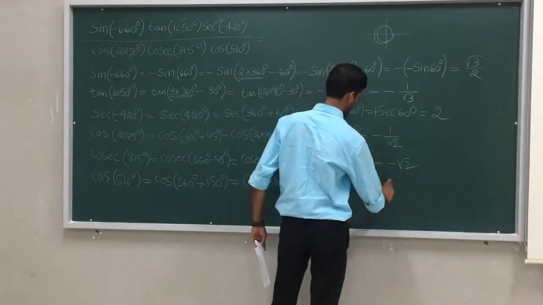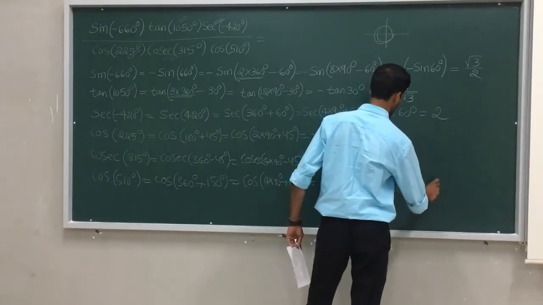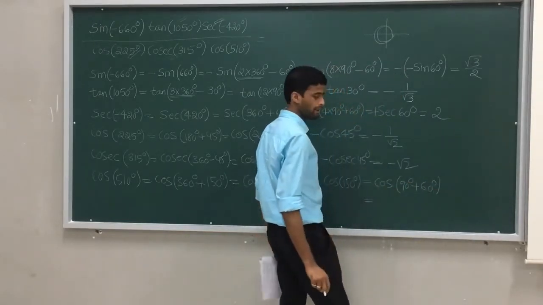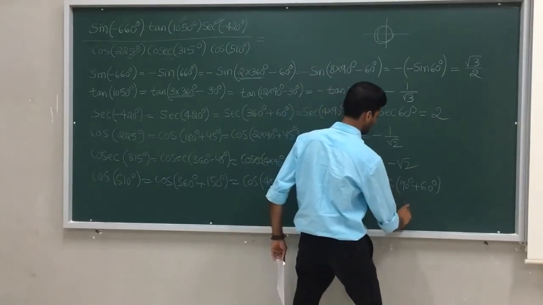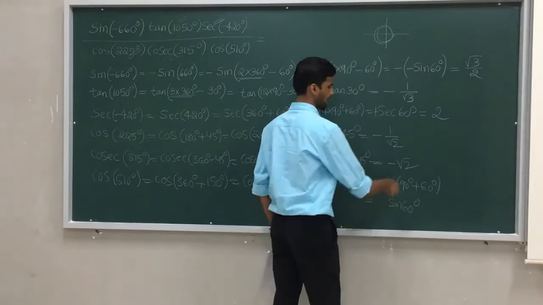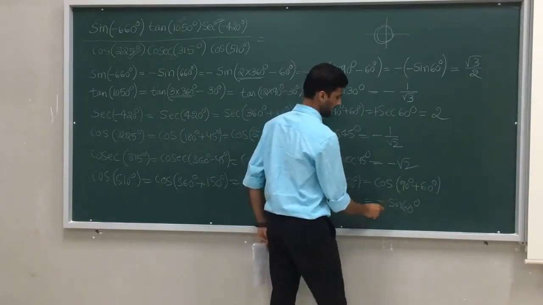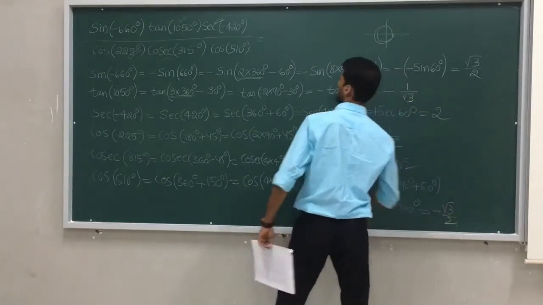I write it as cos of 90 plus 60. It is 1 times 90, and 1 is odd, so it becomes sin 60. 90 plus theta means second quadrant. In second quadrant, cos is negative. So it is minus root 3 by 2. With this, I got the answer for all these questions.